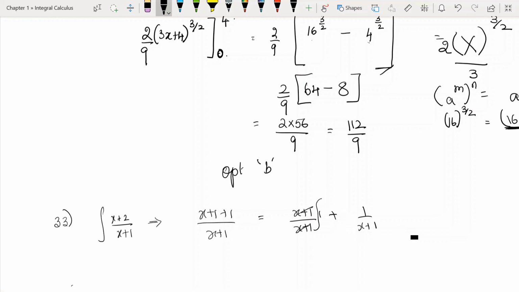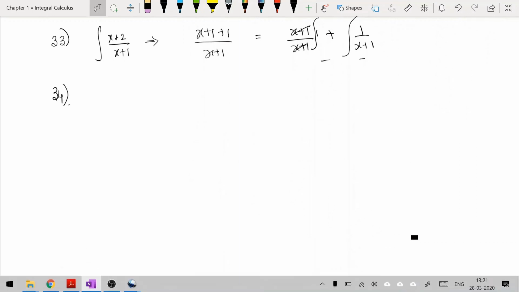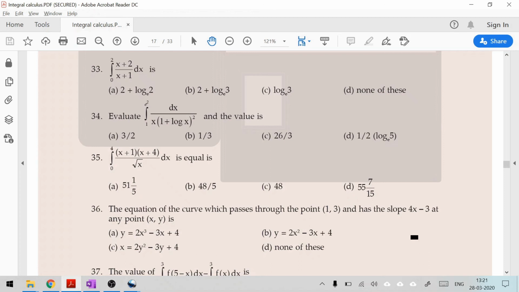Then you integrate these two terms separately. 34th question we will do now. Integral 1 to e square dx by x into 1 plus log x the whole square. This question is a little more complicated, so I am taking it up for our classroom practice.